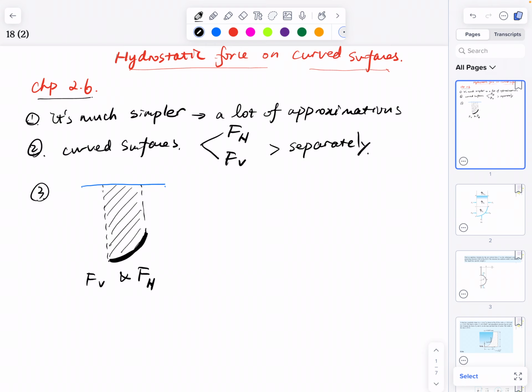So the basic steps are disassemble plus projection. You need to divide this whole piece into different parts and then sometimes do projection. For example, for this specific setting, you have a board and the water, we can divide the whole shaded part into two parts.